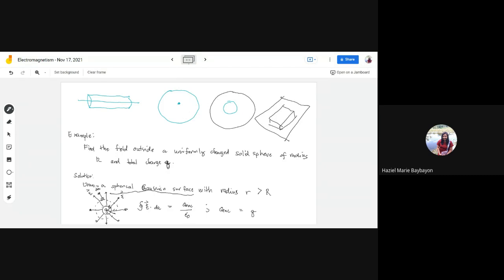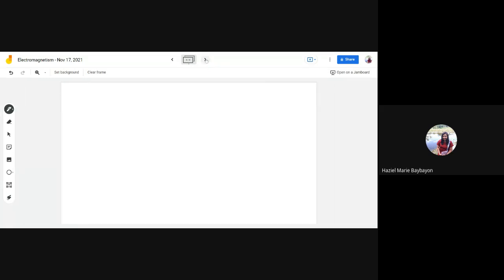Therefore, the magnitude of E is constant over the Gaussian surface. So, because of that, the magnitude of the electric field is constant over the Gaussian surface.